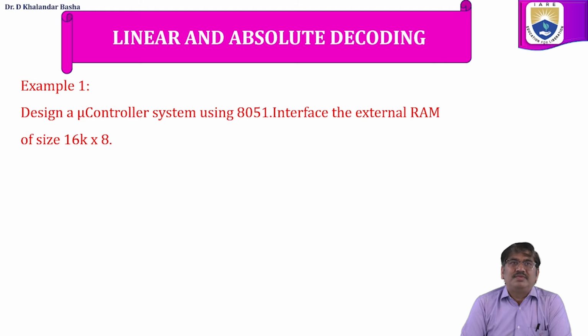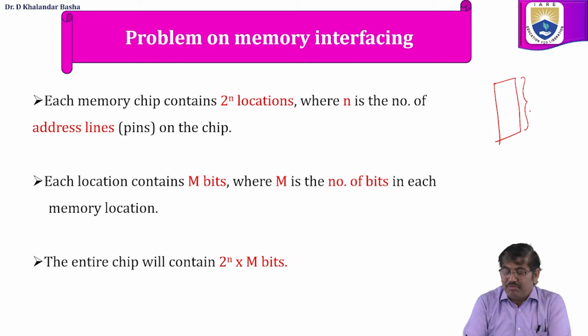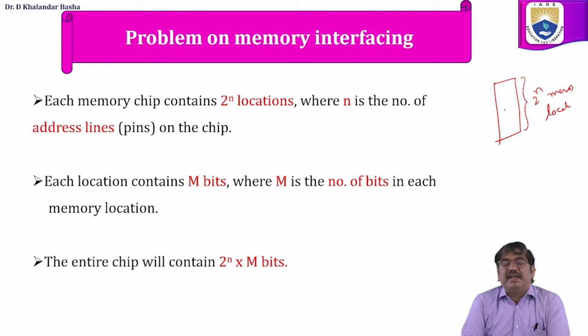Now we will see a few problems related to memory interfacing. Design a microcontroller system using the 8051 microcontroller. Interface the external RAM of size 16K by 8. In any general memory, if the memory consists of 2 to the power of n memory locations, it indicates it requires n address lines, and each location may consist of m number of bits, which corresponds to the data bus.